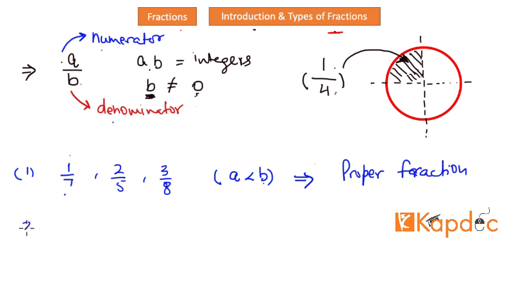And the second type happens whenever you see that the number a is greater than b, or the numerator is bigger than the denominator, such as 7/3, 5/2, 9/6. These could happen because they also satisfy the definition of a fraction.